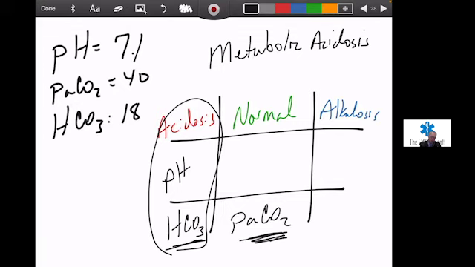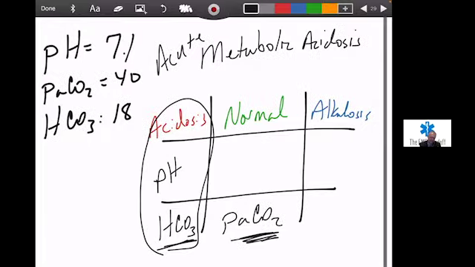So it's uncompensated or acute metabolic acidosis. So quick, down and dirty, that is all there is to the tic-tac-toe method.